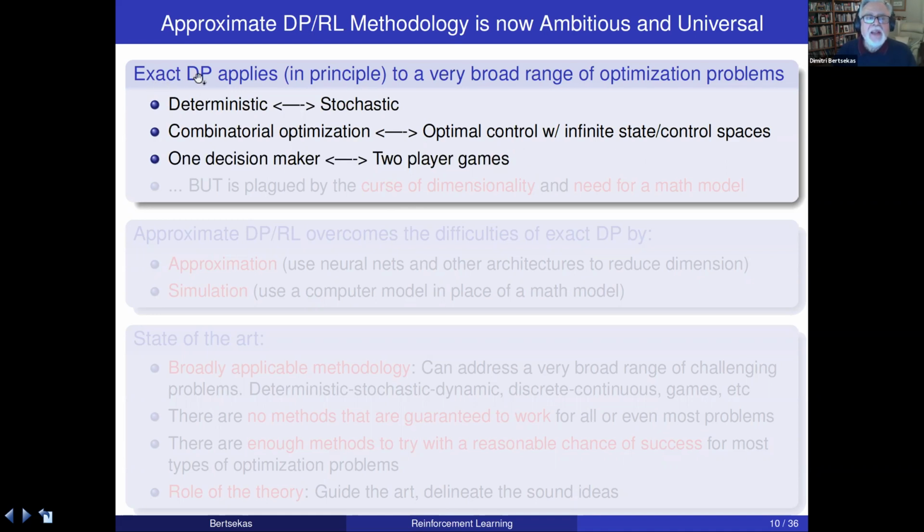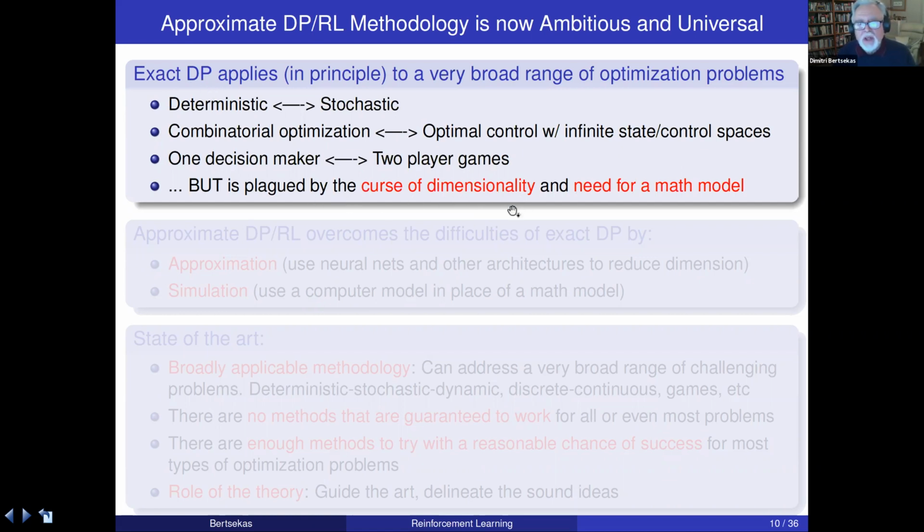However, exact dynamic programming is plagued by two curses. One is the curse of dimensionality, which relates to the exponential explosion of the computational requirements as the size of the problem increases. This name, curse of dimensionality, is due to Bellman and goes way back, more than 50 years ago. It was recognized as the principal impediment in using exact dynamic programming.